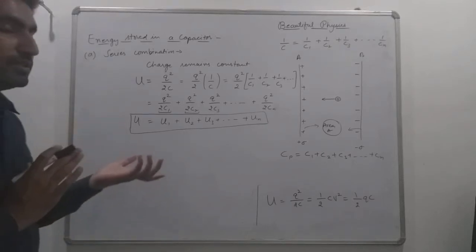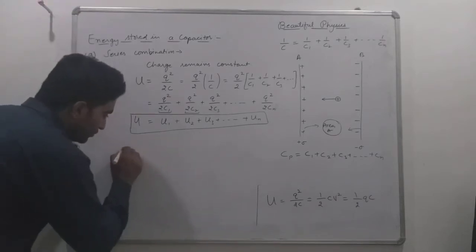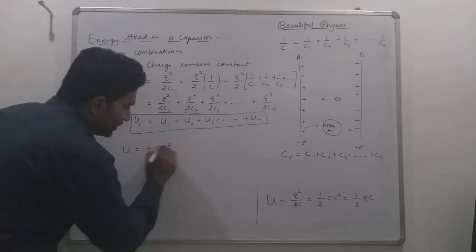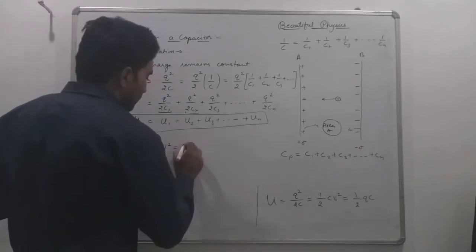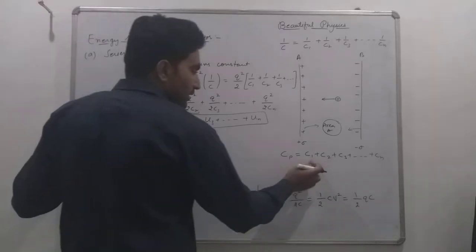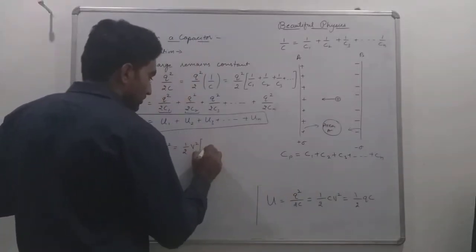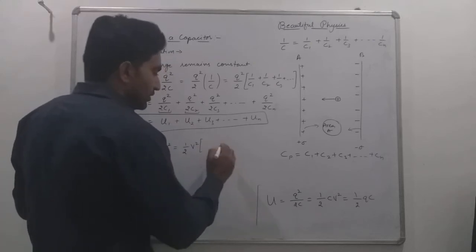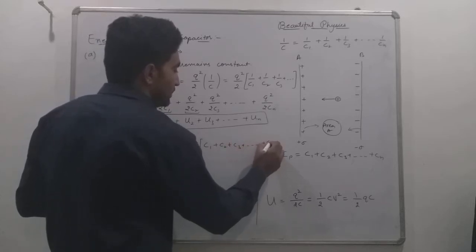So in parallel combination we will use the formula half C V square, as V remains constant and 1 by 2 is also a constant. So 1 by 2 V square, and in place of C we can write the net capacitance of the parallel combination, C1 plus C2 plus C3 up to Cn.